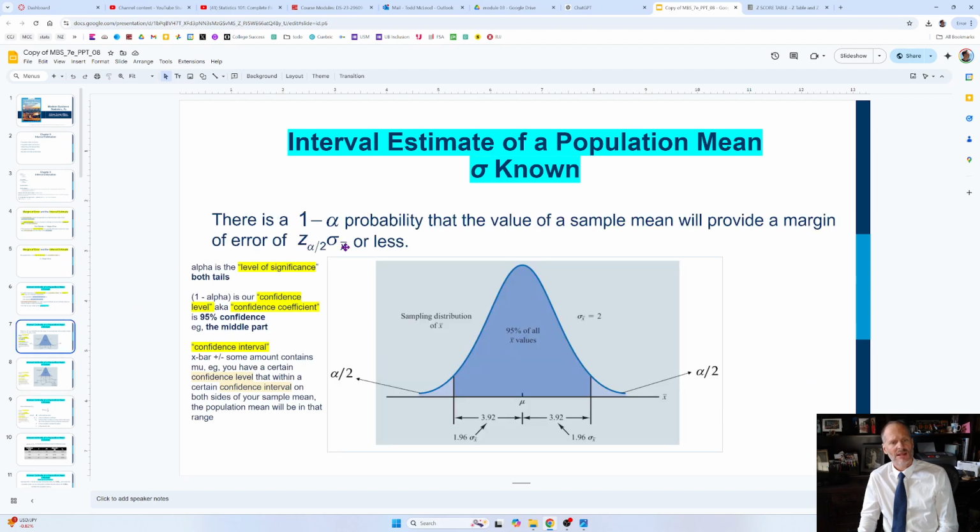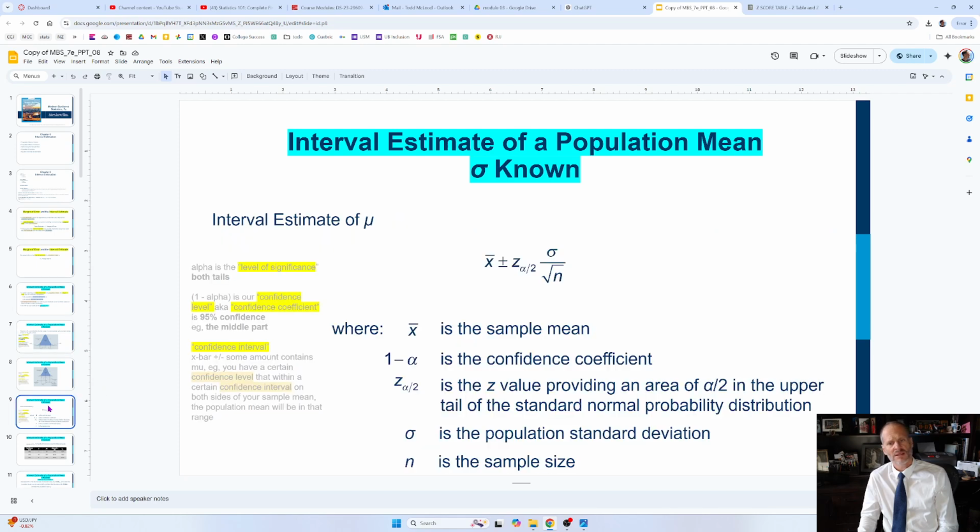And we have z times sigma sub x bar. And here we have z sub alpha/2 times sigma of the population, because the standard deviation of the population is known. And then we divide that by the square root of n. Just to look at these, x bar is the sample mean, and 1 minus alpha is the confidence coefficient.